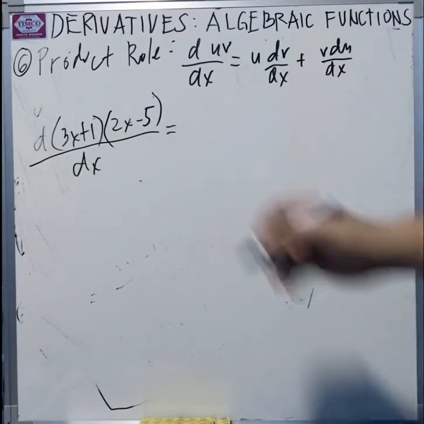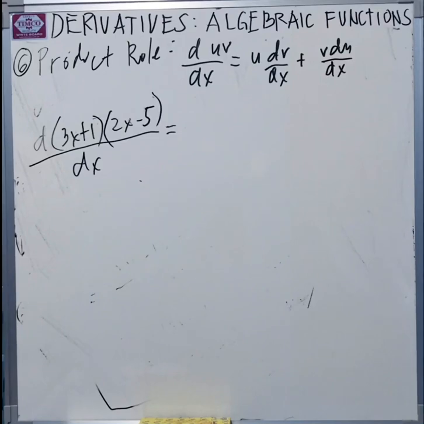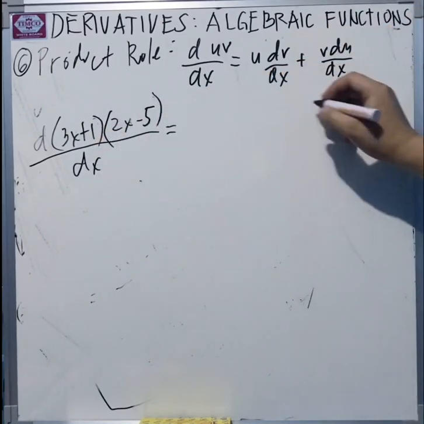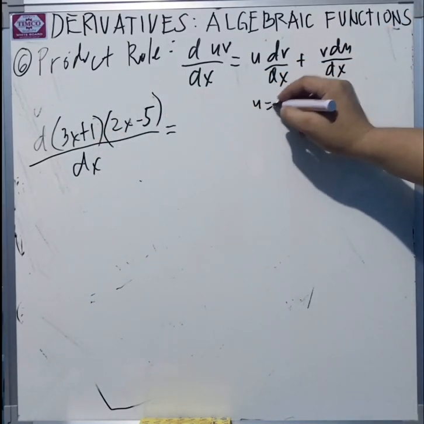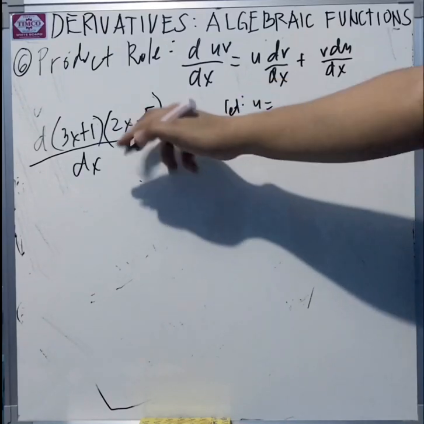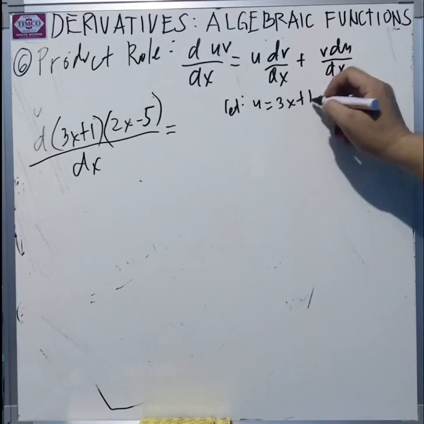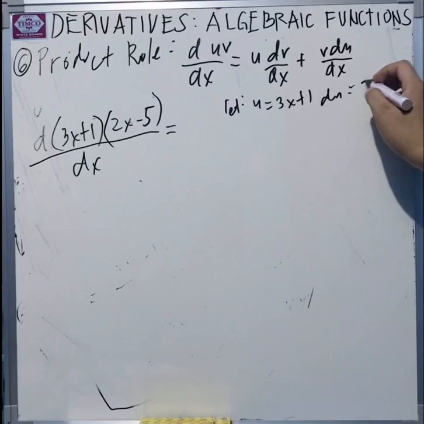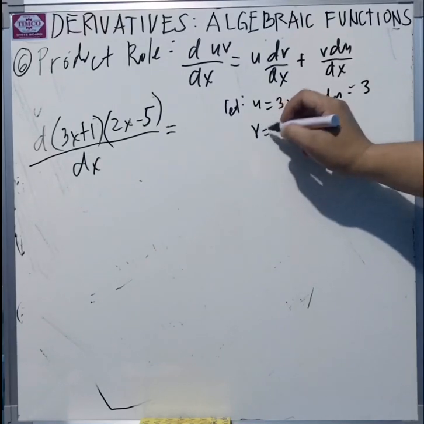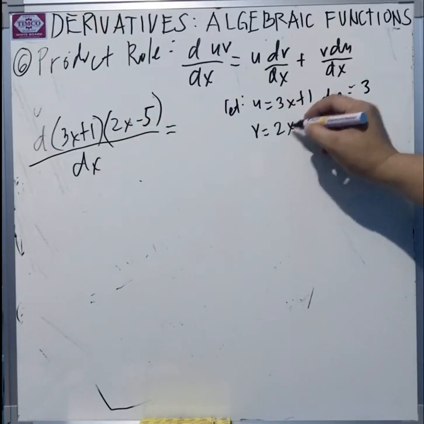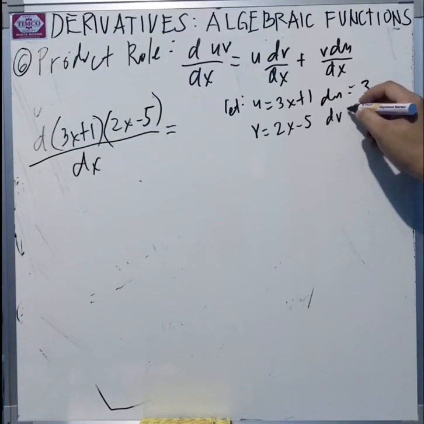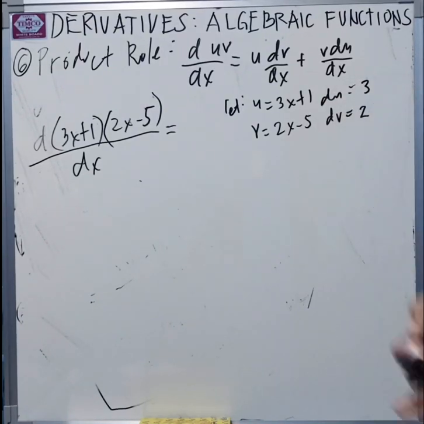So, equal yan sa, ganoon naman, magle-let tayo, ang u natin is 3x plus 1. Ang du natin is 3. Then, ang v natin is 2x minus 5. Ang dv natin is 2. Okay.